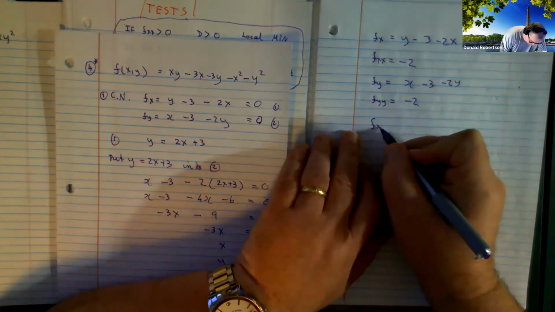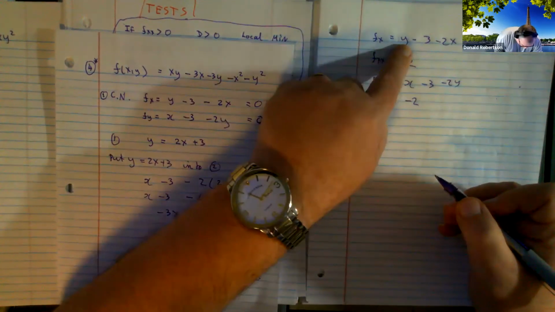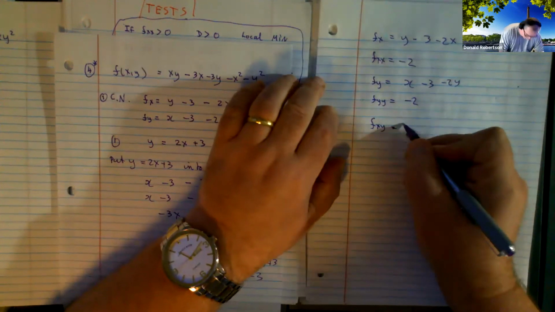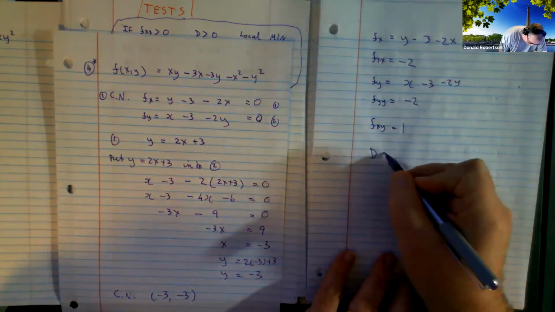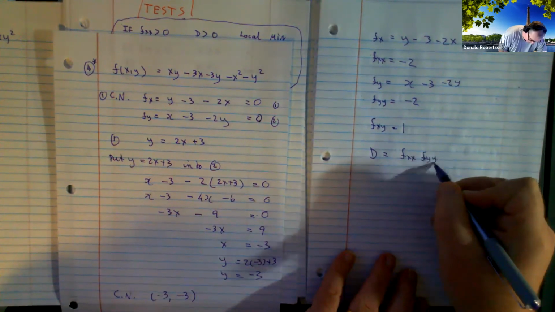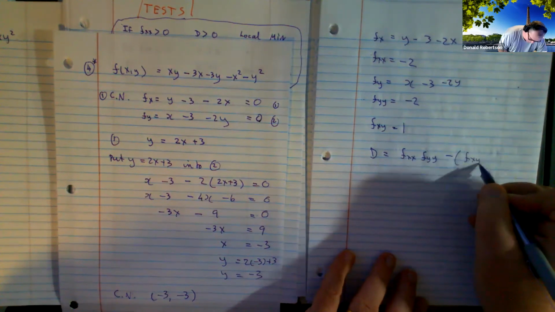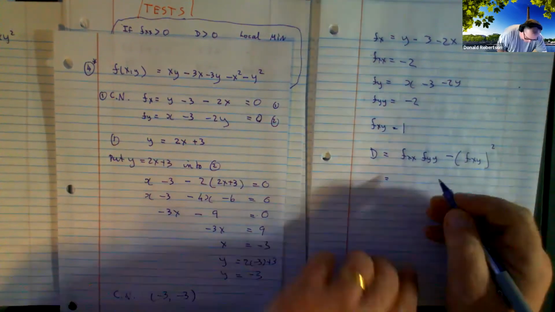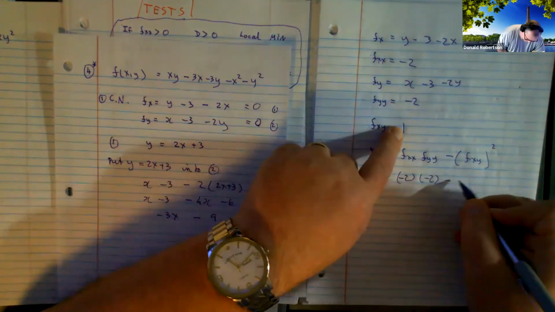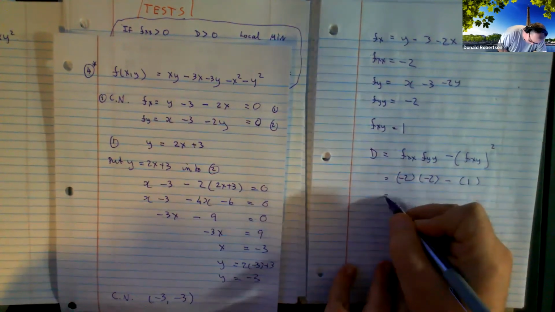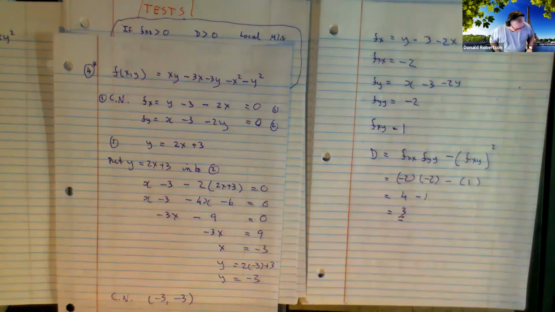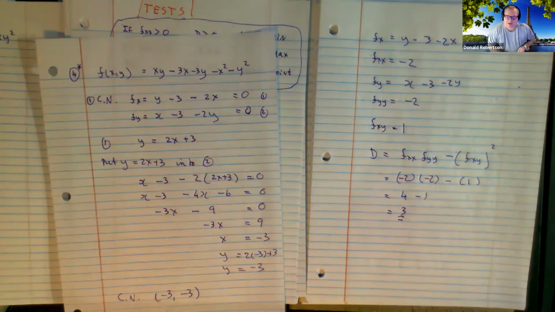And I also need to know f of xy. So I guess I could do this one, and then partial derivative with respect to y, and I get 1. And that allows me to get D, which is this times this, take away this squared. This happens to be negative 2, so does this. I'm getting deja vu here, like I've done this one before, but too late now. Okay, we got this here.